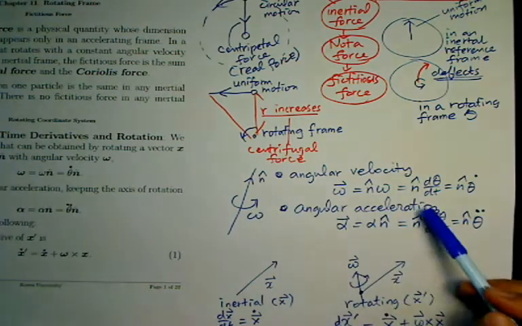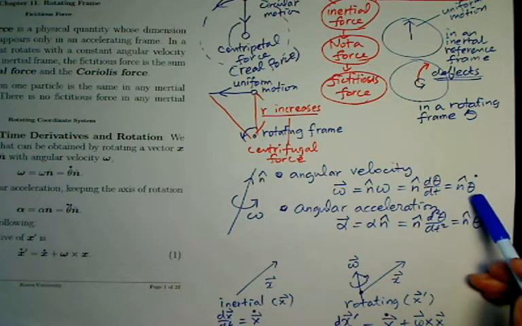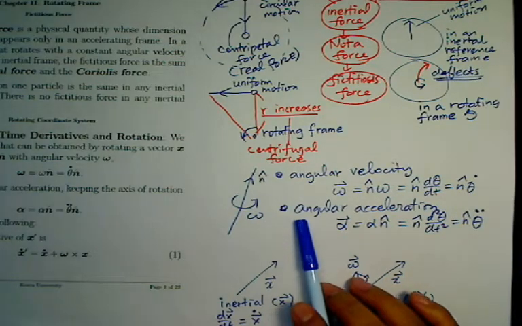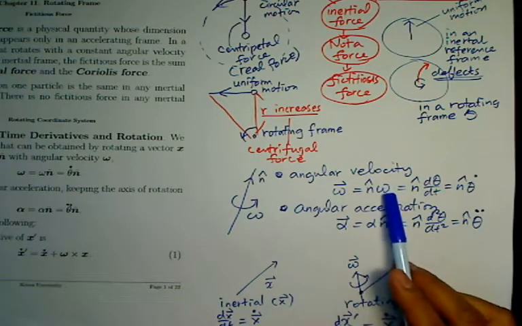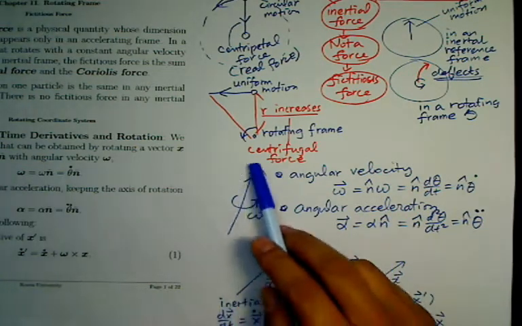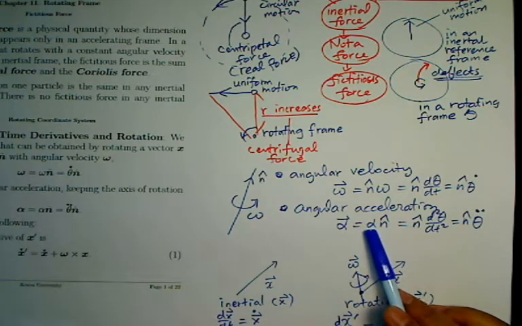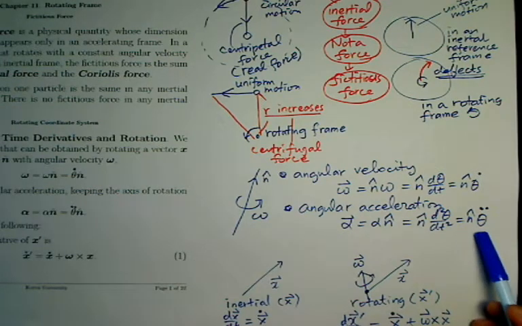This omega is the time derivative of the angle, and we usually write it as theta dot. Angular acceleration alpha is the time rate of change of the angular velocity and is parallel to the axis of rotation. This is the second order time derivative of the angle, so we write n hat times the double time derivative of the angle.